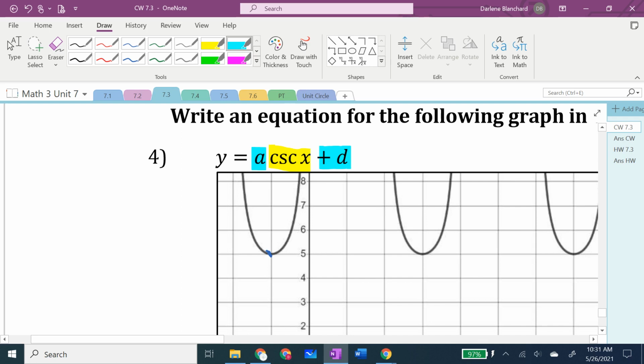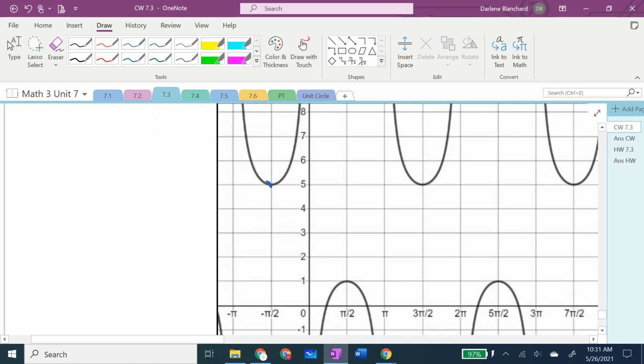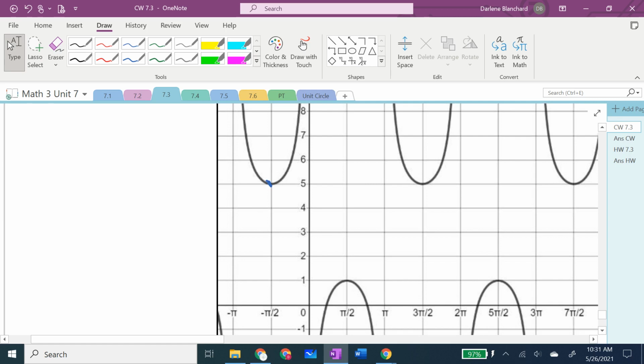So let me tell you this. If this was a sine or cosine graph, that sine or cosine graph would share these points. So can you connect those high and low points?